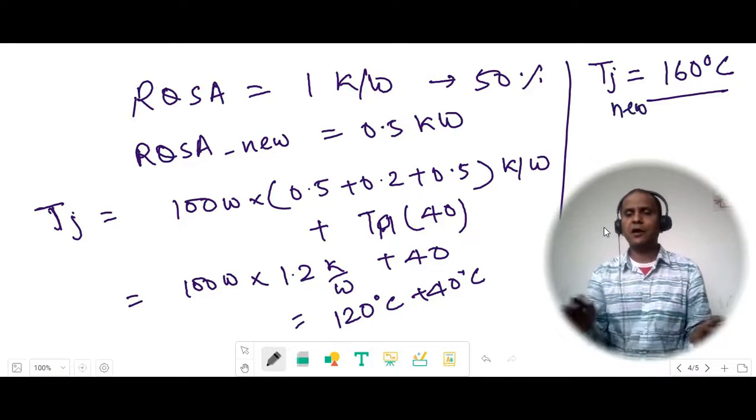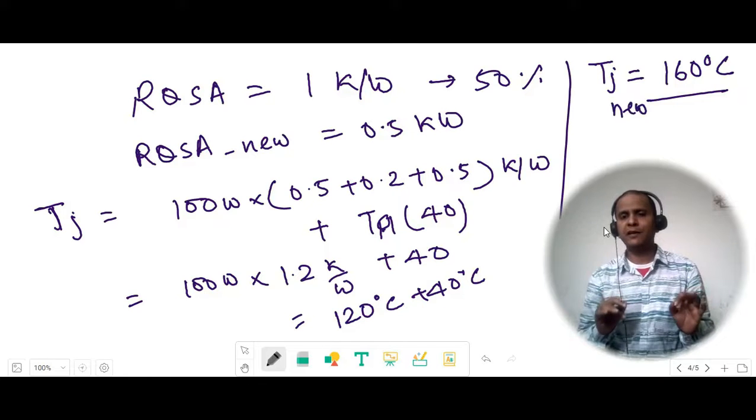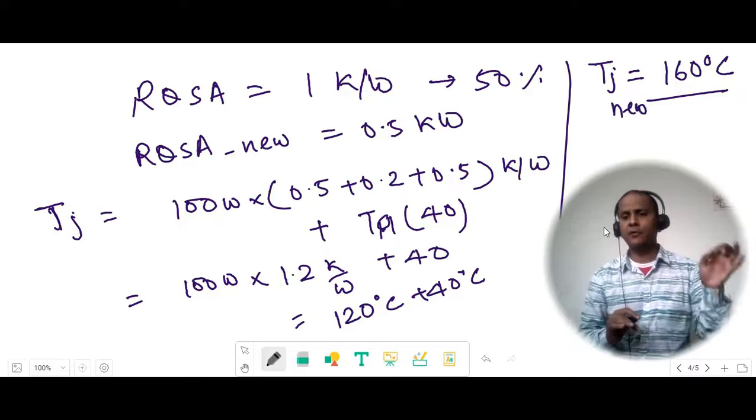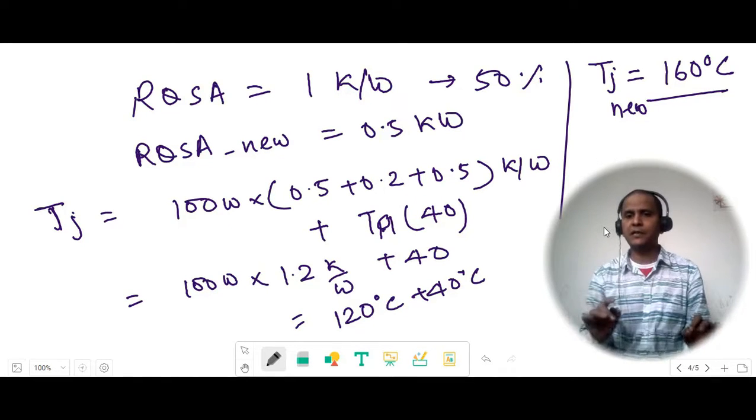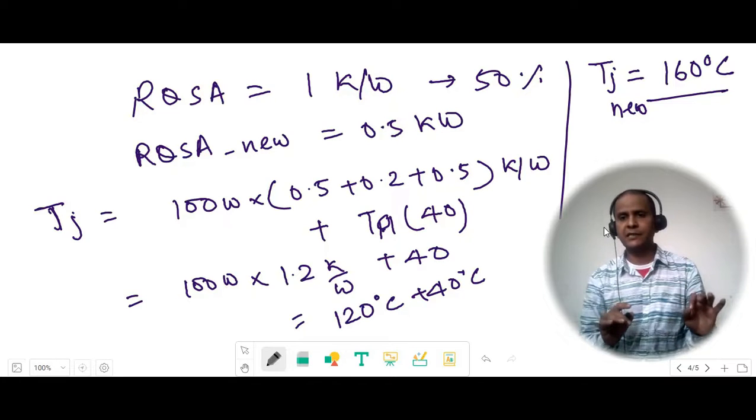This is still not enough. You have to work around a MOSFET junction temperature of 100 degrees centigrade, so you have to further reduce your sink to ambient thermal resistance. This is still not recommended. You cannot use a 160 degree junction temperature for your MOSFET.